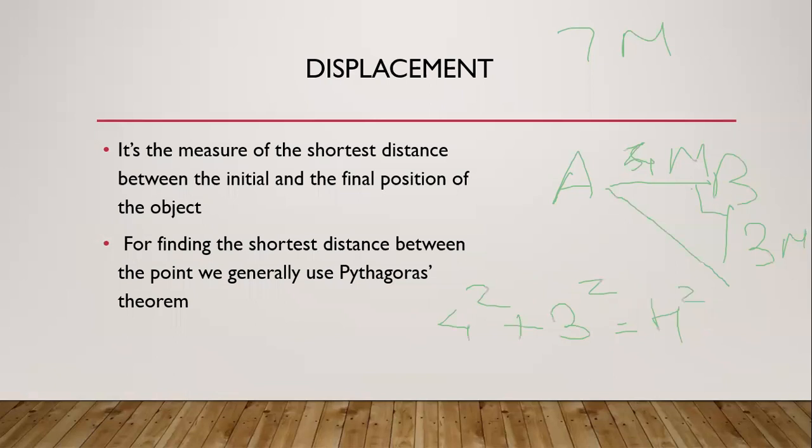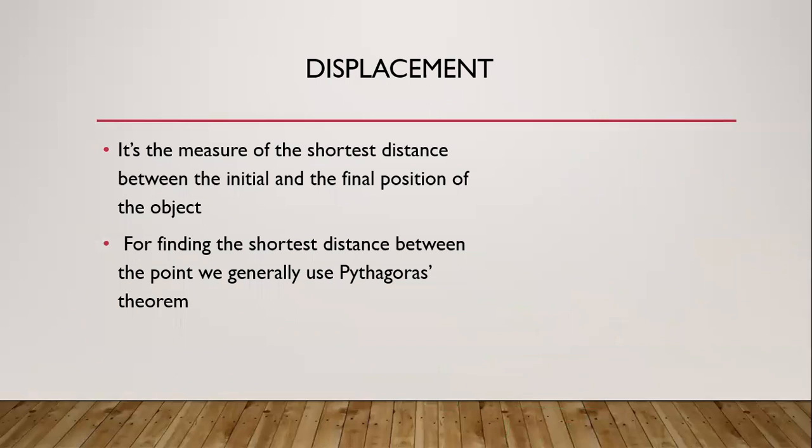So it will be under root 16 plus 9, which is under root 25, sorry, equals h. This gives us h equals 5 meters. Since 5 meters is less, it shows that this is the displacement, which is the shortest distance that can be traveled from A to C. Instead of going all the way from A to B, then to C, we are just taking a short distance of 5 meters instead of going all the way of 7 meters.